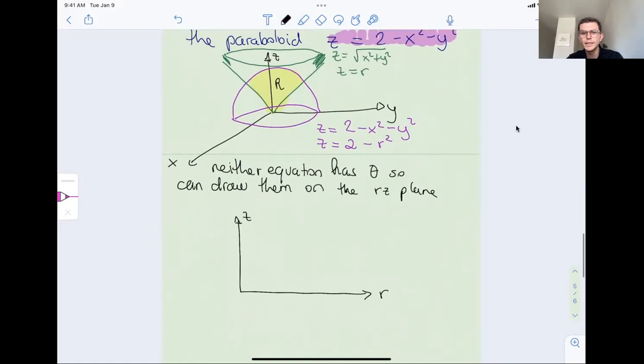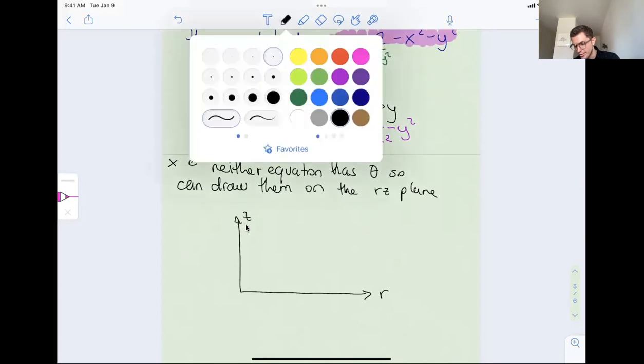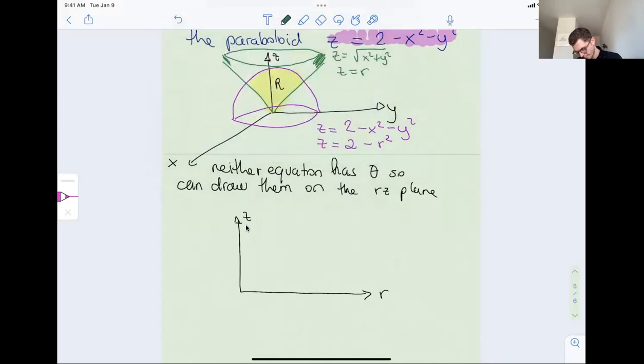What is z equals r on this plane? That's literally the equation of a straight line at 45 degrees, like y equals x, just using new names. If you were to draw y equals x, you would draw a 45 degree line. So that's the one you draw here.